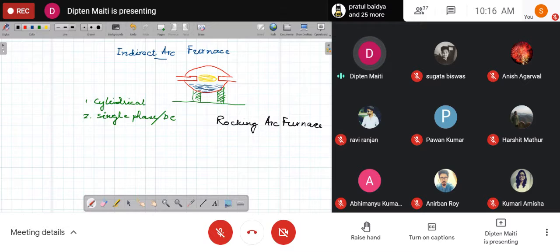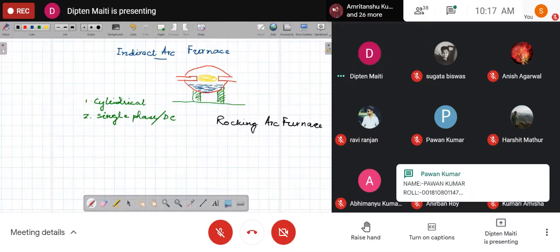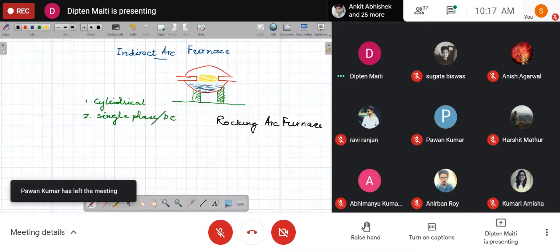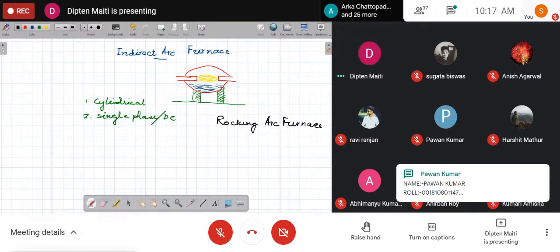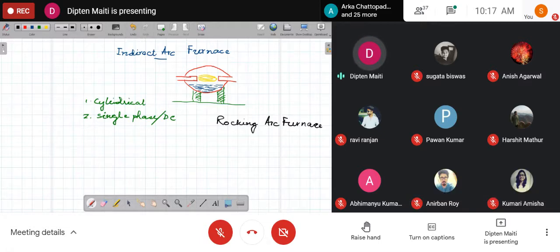Here the tilting is very large, and may be of the order of 20 degrees to 160, 170 degrees. So almost 360 degrees, or complete rocking, is required. So that is the reason this is called the rocking arc furnace. That's all about the direct and indirect arc furnace, or the complete arc furnace.